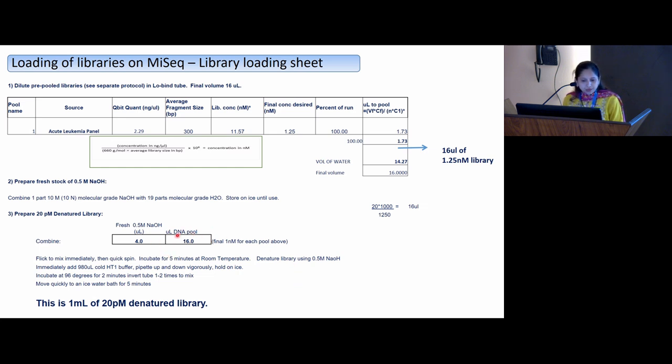During this process, because of the 0.5 molar NaOH, the double-stranded libraries get converted into single-stranded libraries, and after keeping that vial on ice, because of the cold shock, the libraries will not re-anneal to themselves, and they will remain single-stranded till we put them inside the machine.